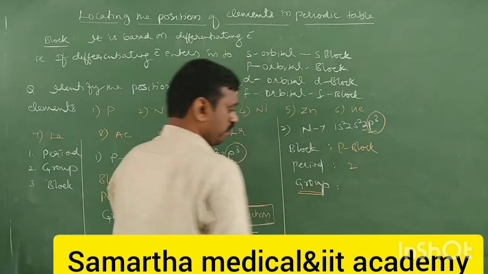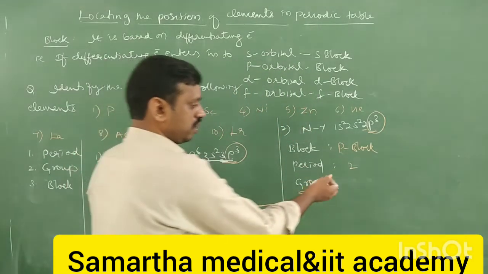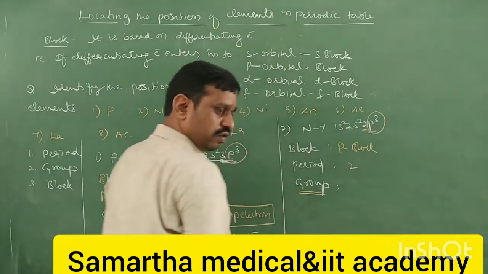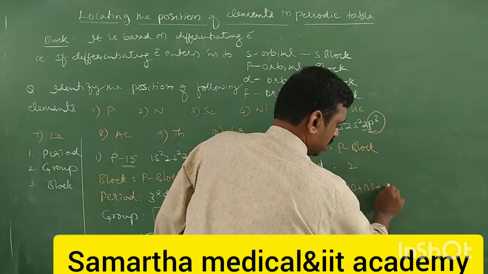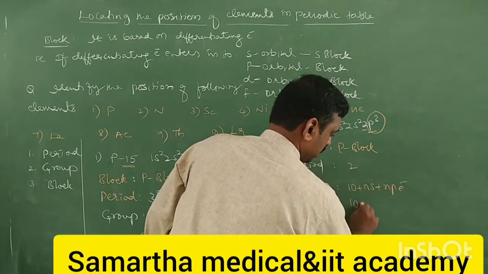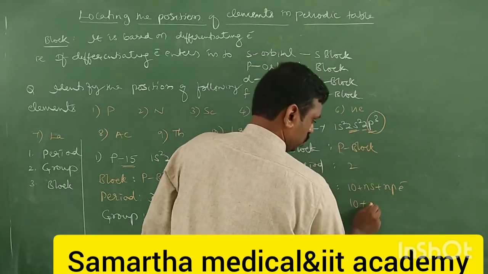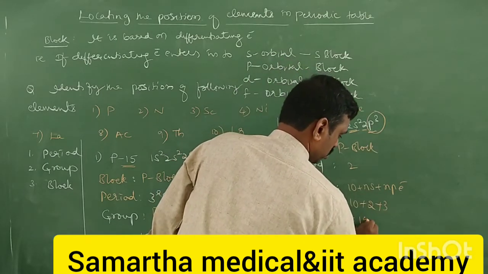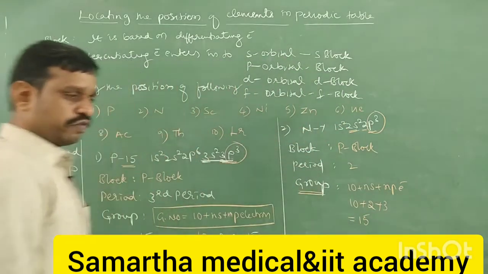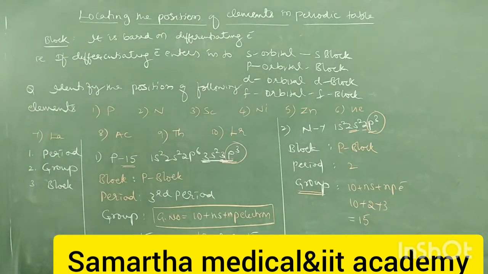Next, group. For a p block element, group number equals 10 plus ns plus np electrons. That is 10 plus 2 plus 3, which equals 15. So nitrogen is also a 15th group element.